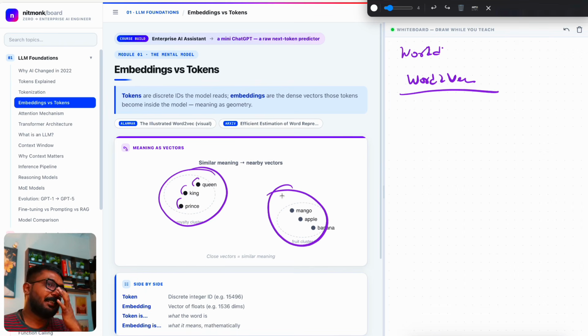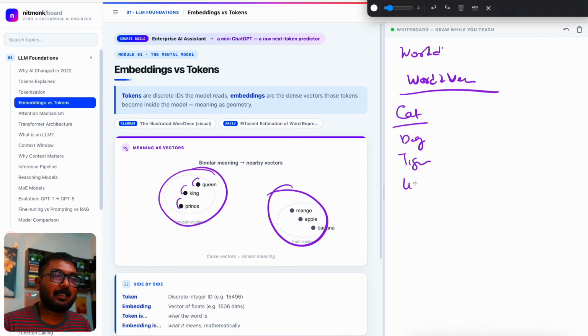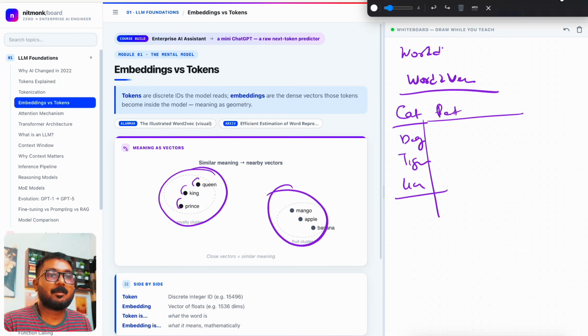But the whole point is, now you say, Abhishek, it is very easy to figure out cat, dog, tiger, and lion, four animals, and only six properties, like is she a pet or not, is she wild or not. What about all these thousands and millions of words available in different languages? How do they decide these properties?